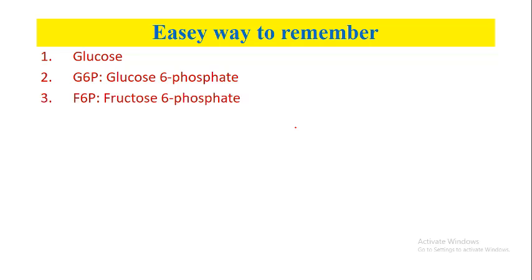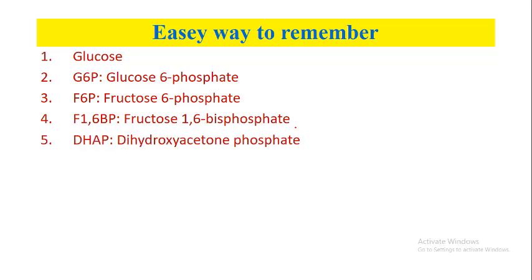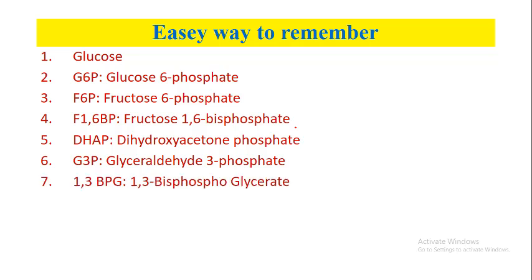Third product is F6P, fructose 6-phosphate. Fourth product is F1,6BP, fructose 1,6-bisphosphate. Fifth product is DHAP, dihydroxyacetone phosphate. Sixth product is G3P, glyceraldehyde 3-phosphate.